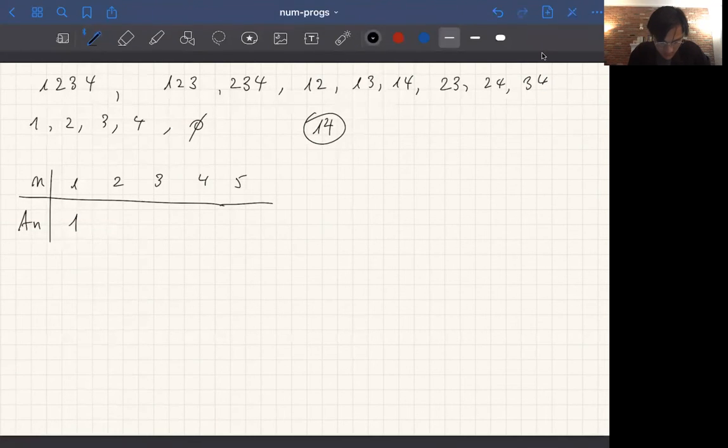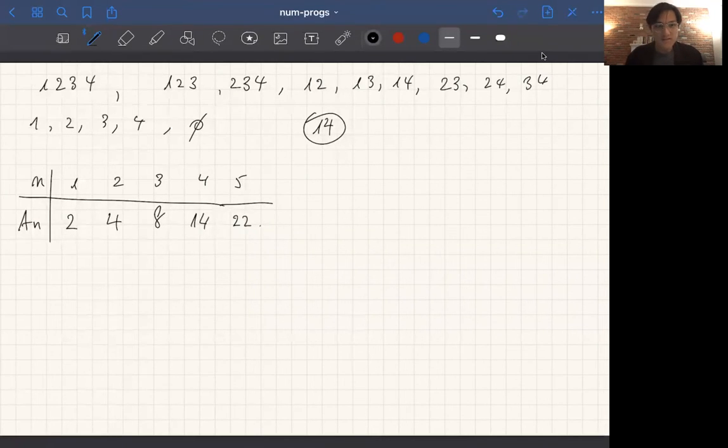So it's 2. Hang on, this is not 1, this is 2: the empty one and the progression of length 1. This has 4, this is 8, this is 14, and I believe that 5 is 22. We could write it out, but I think it's 22.